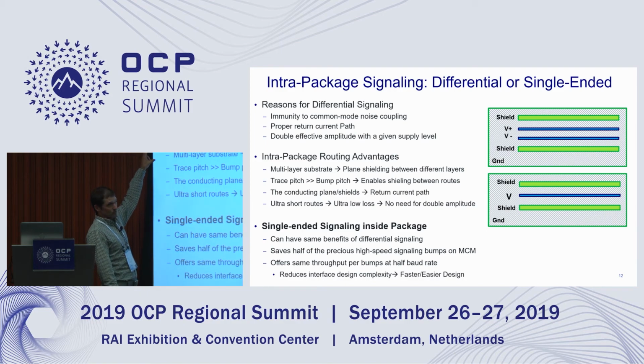So you take those reasons for differential and then think about in-package routing where it's just die-to-die, and do you still really need the differential signaling? So in a multi-layer substrate, you'll have a ground plane, your signals, and another ground plane, and those ground planes are your return path, so you don't really need the benefit of the other half of the pair as your return.